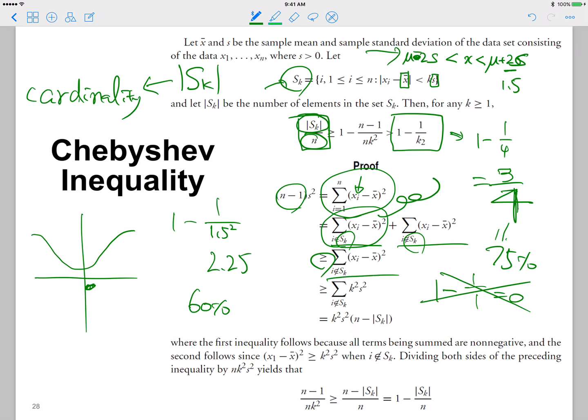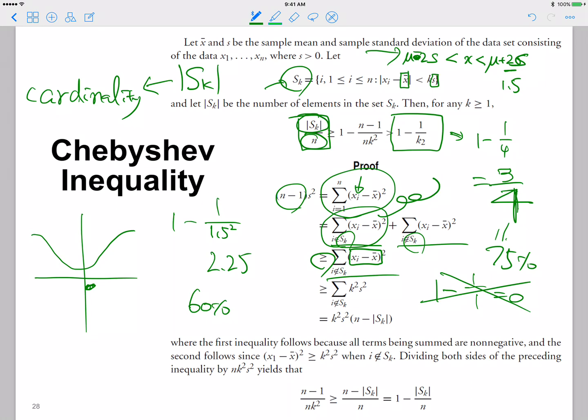Now let's think about this value. Those values are outside of our range, so the minimum distance from the mean value to each of the data points will be at least 2s.